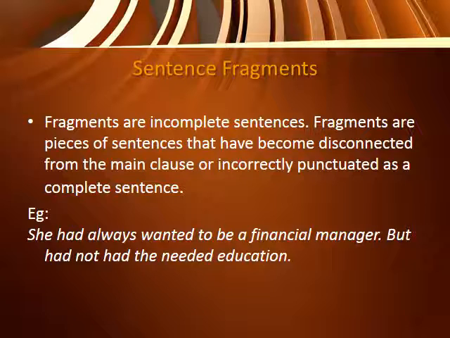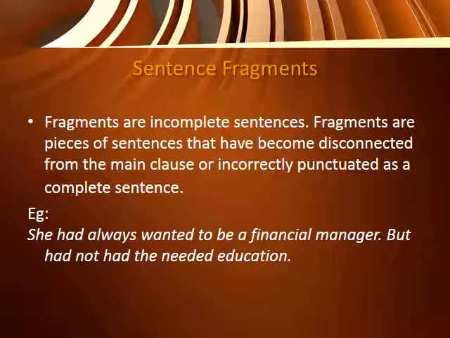You have a subject, you have a verb. It makes sense. It has to make sense. It has to be a complete thought. You need a subject, you need a verb, it has to be a complete thought. The next sentence immediately following: "but had not had the needed education." Well, we do have a verb, yes, that's fine, but we do not have a subject.